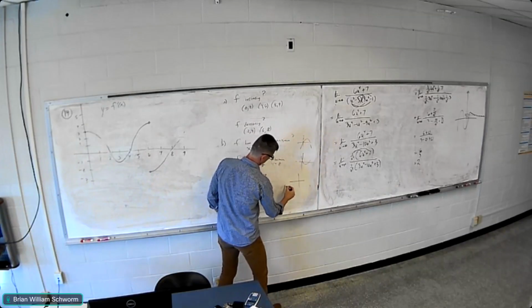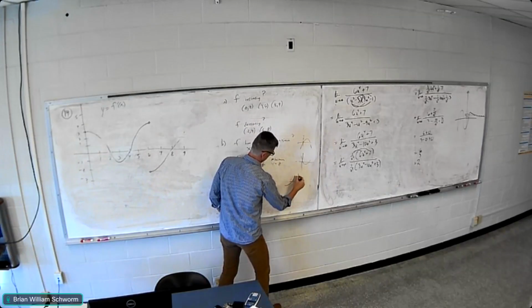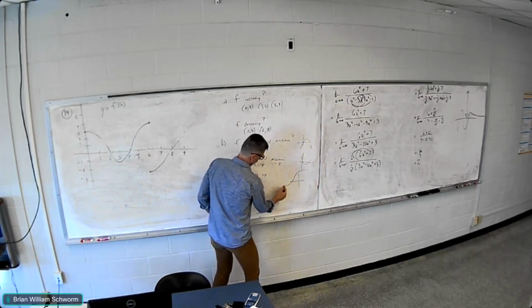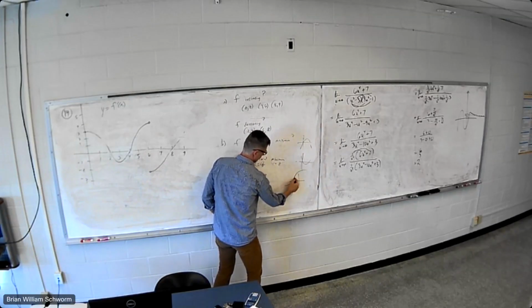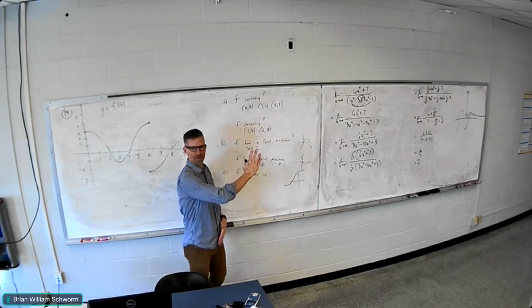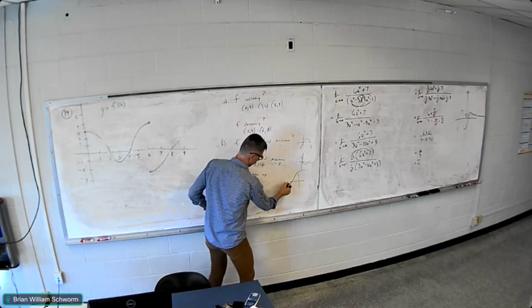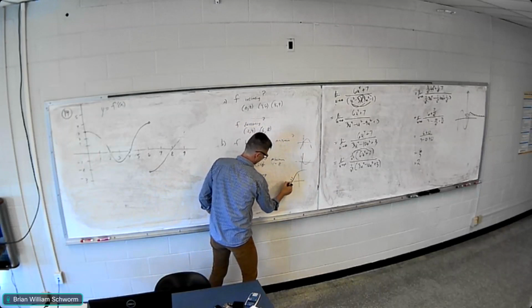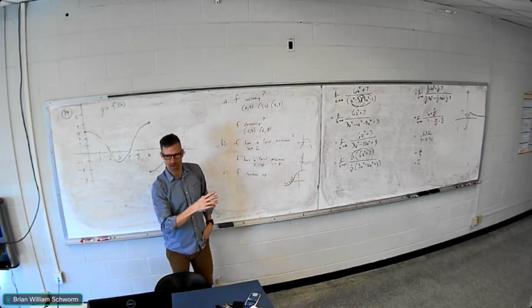If I had a function that looked like that, let's say, through here, from here to here, it's said to be concave up because it's curving in such a way that it's curving in this direction. So that part of the graph is said to be concave up.